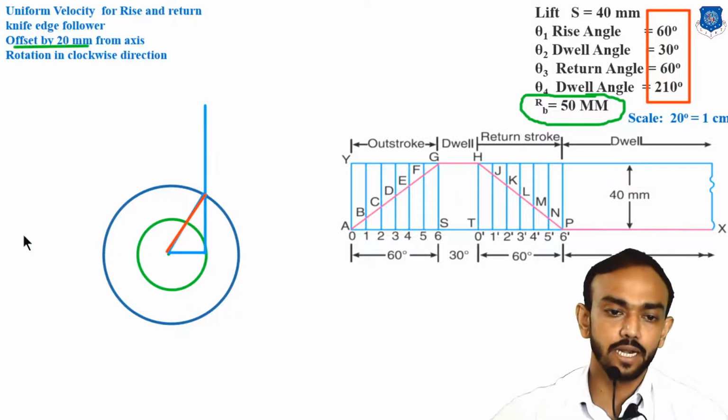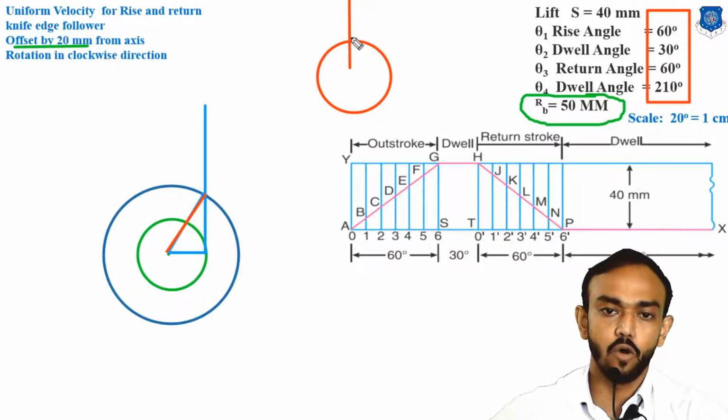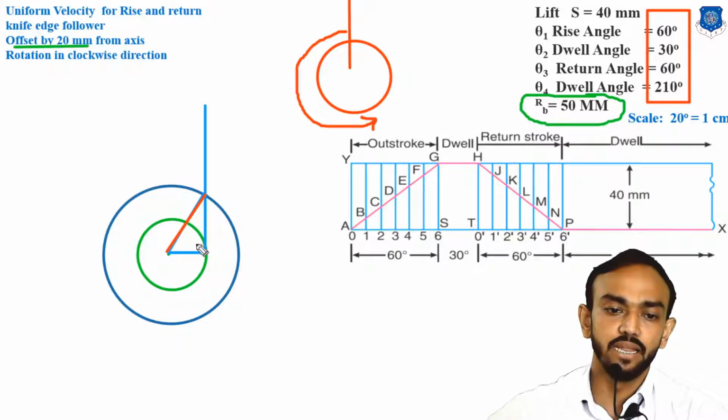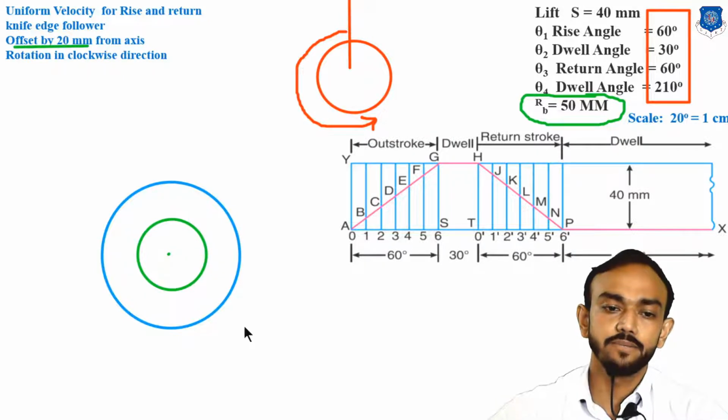But with respect to this line, if offset is not given, I draw the base circle, and the first line is our reference line, and I make all angles with respect to that. But if the offset is given, the first circle will be the base circle, and inside that there will be the offset circle.